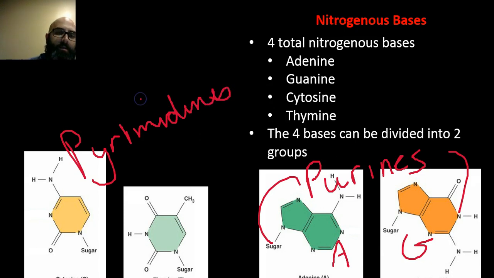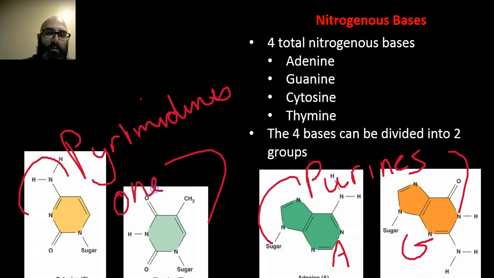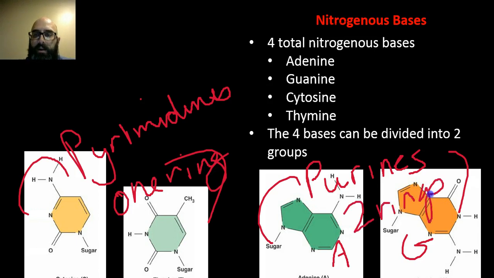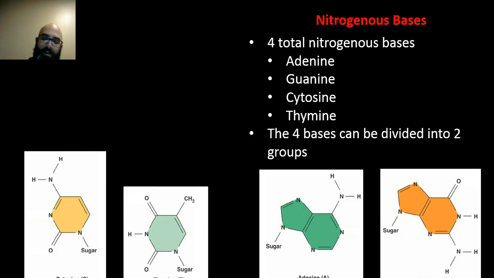The pyrimidines, being cytosine and thymine, only have one ring, whereas the purines have two rings. Yes, you're going to have to know that for your test, and yes, you're going to have to be able to identify them individually. So how are we going to do that?